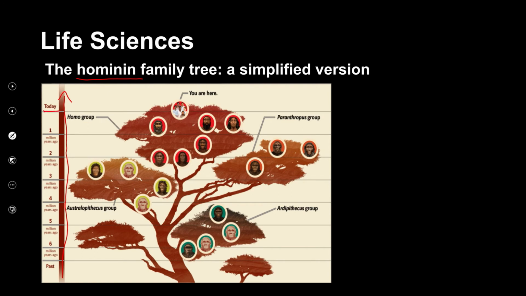Okay, so as we said, in a phylogenetic tree, we start at the roots, and we move up, and each time there's a branching off, that would be a speciation event. And here we find the Ardipithecus group of organisms or ancestors. Then we branch here and we find the Australopithecus group, and we're going to study them. And then the branch carries on, and we find the Paranthropus group, and then we find the Homo group.